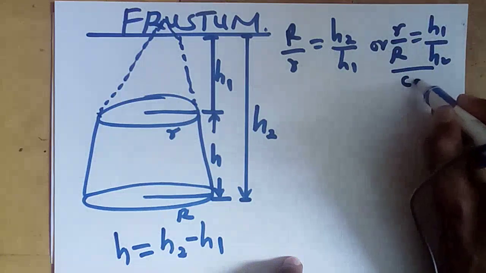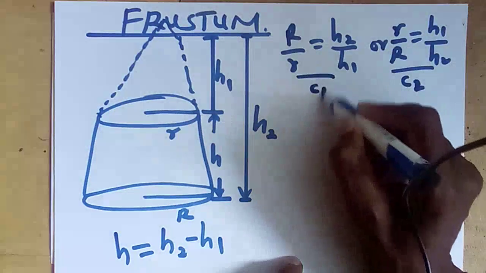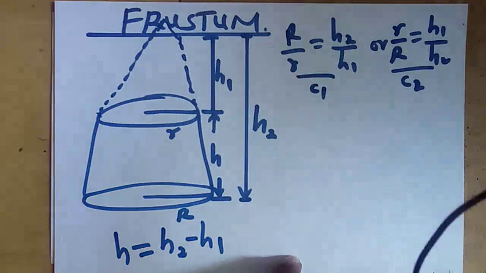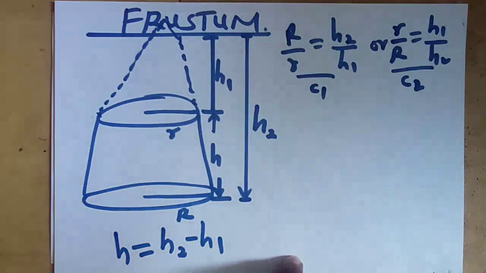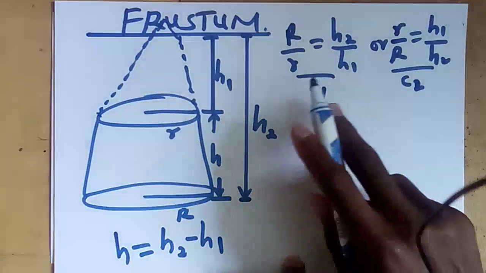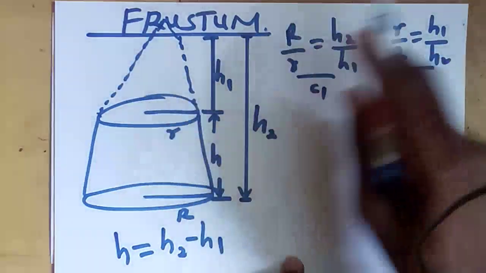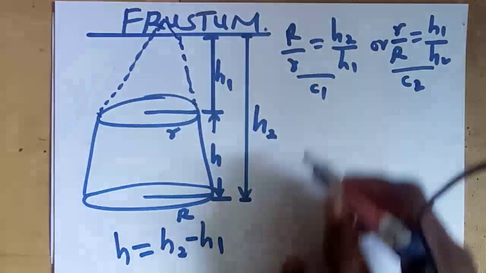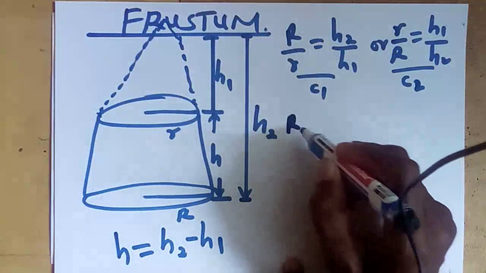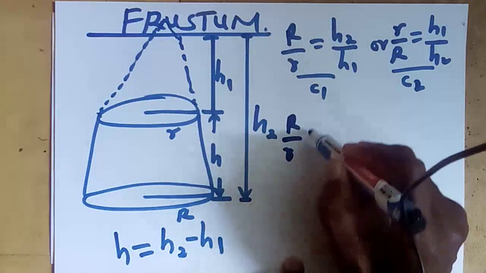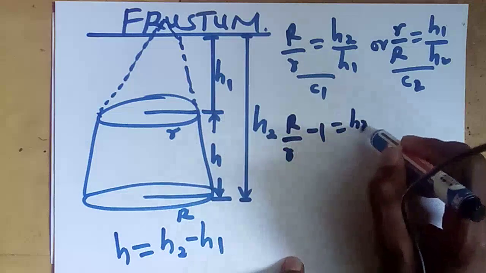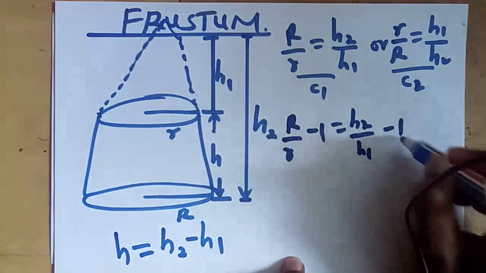Now, I'll consider case 1 and case 2 separately to see how I'm going to derive that particular equation or formula. To start with the first one, take case 1 and we subtract 1 from both sides. Now, we are going to have R over r minus 1 equals h2 over h1 minus 1.